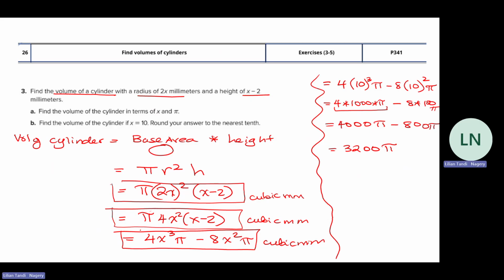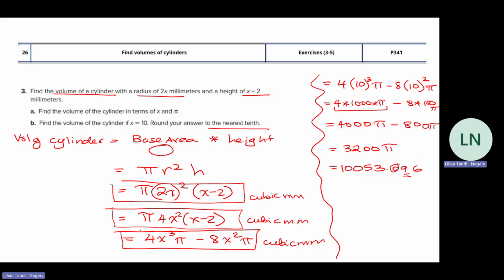So this is 3200 multiplied by pi, and you should get 10053.096. We are rounding to the nearest tenth.